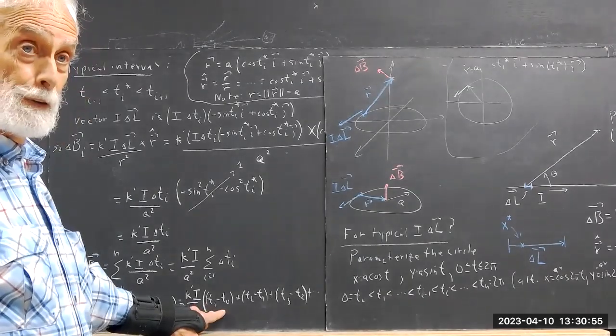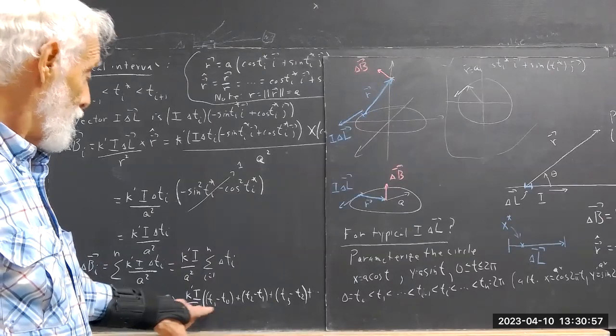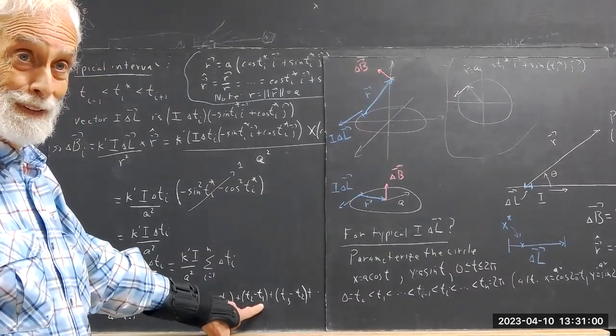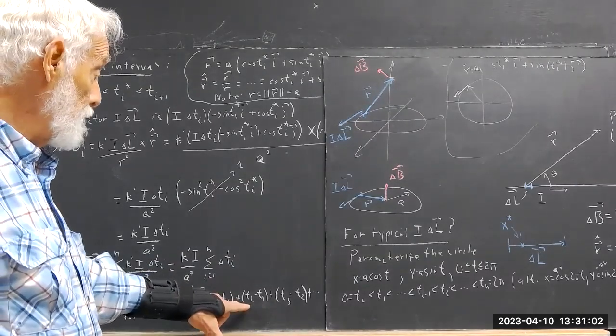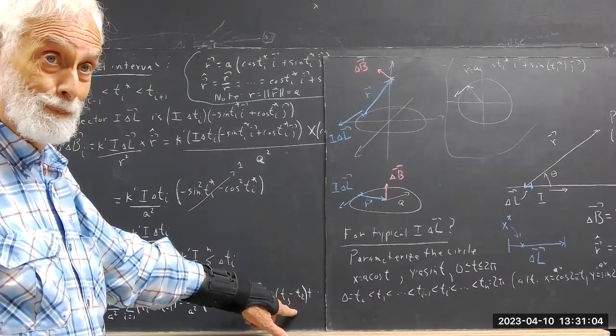Got a minus T0 here. This T1 is canceled by this one. You got T1 minus T1, you got a T2 minus T2.